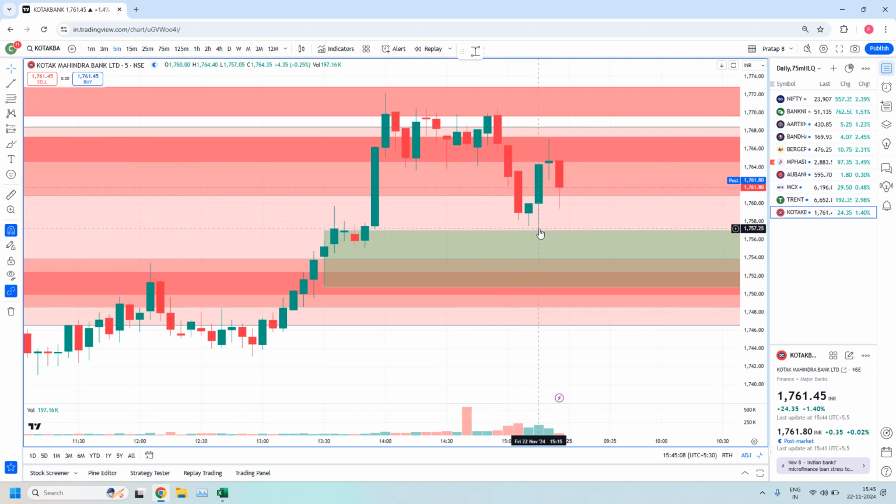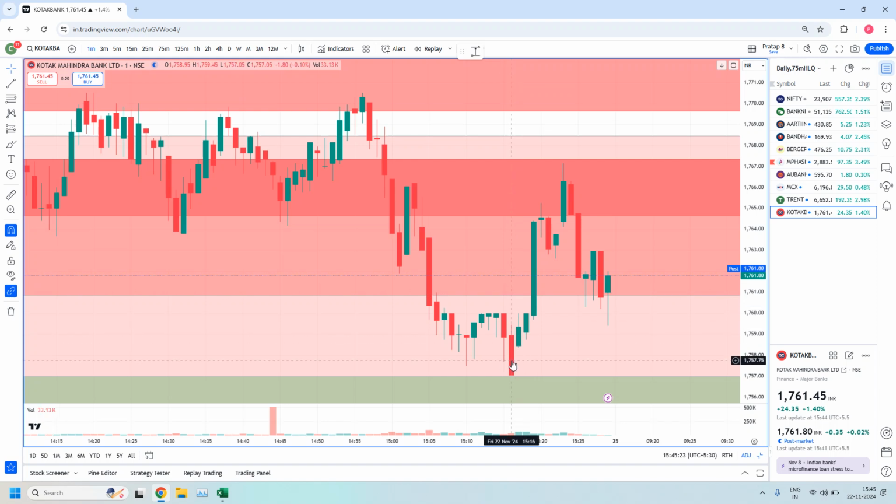And moreover, prices reached this zone during the last half an hour of the market, at the 15:15 candle, 5 minutes candle. It reached and then moved up. If you look into 1 minute, you will know exactly. In this candle, it reached at 15:16. And when it gave the entry at 14:18, it took almost 1 hour to reach the target.